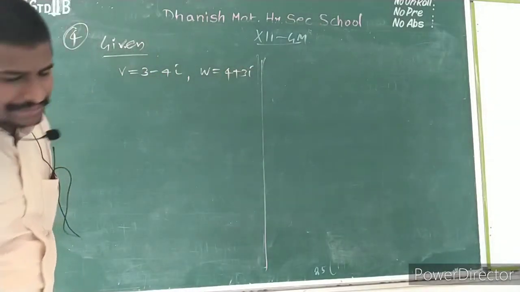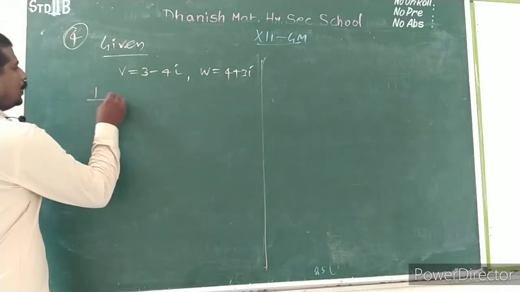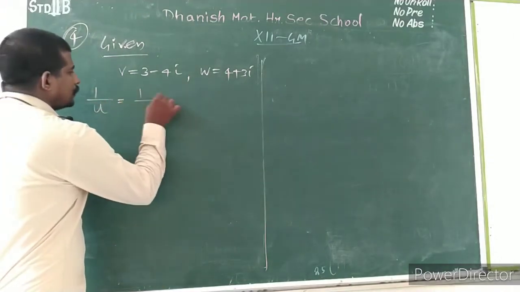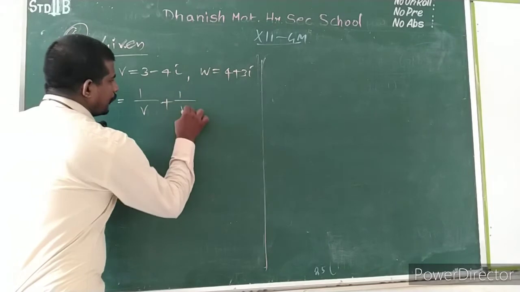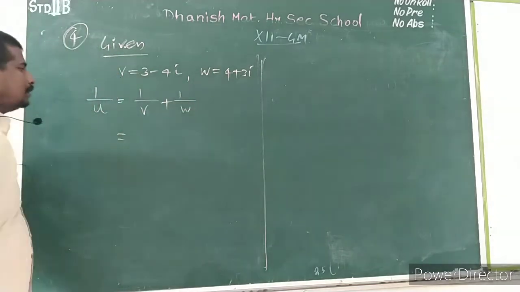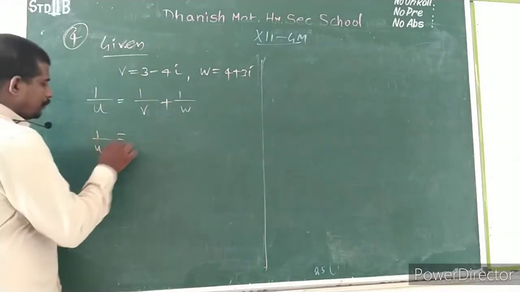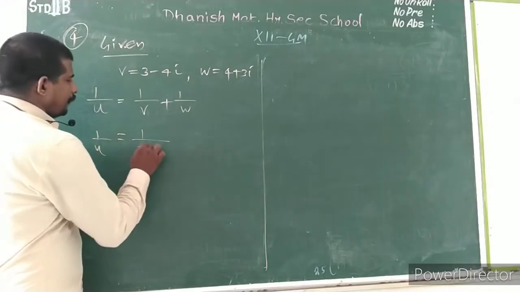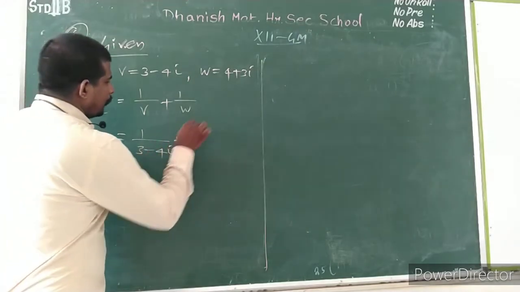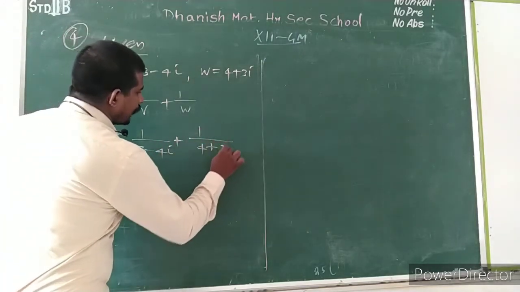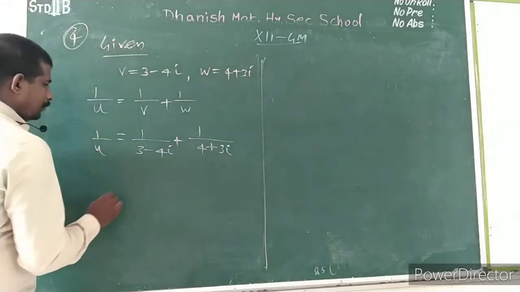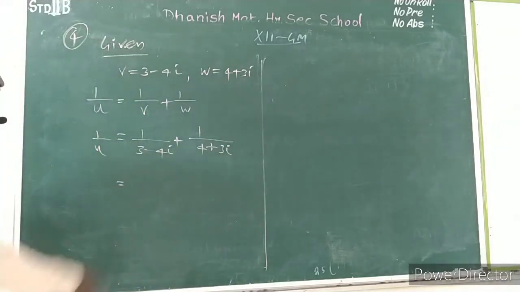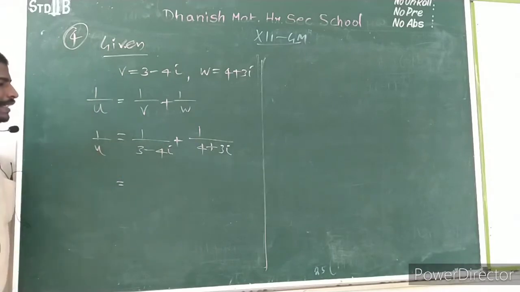Now I am going to use the result: 1 by u equal to 1 by v plus 1 by w. Now this is equal to 1 by u equal to 1 by (3 minus 4i) plus 1 by (4 plus 3i). Look at the first term, here there is a denominator 3 minus 4i.